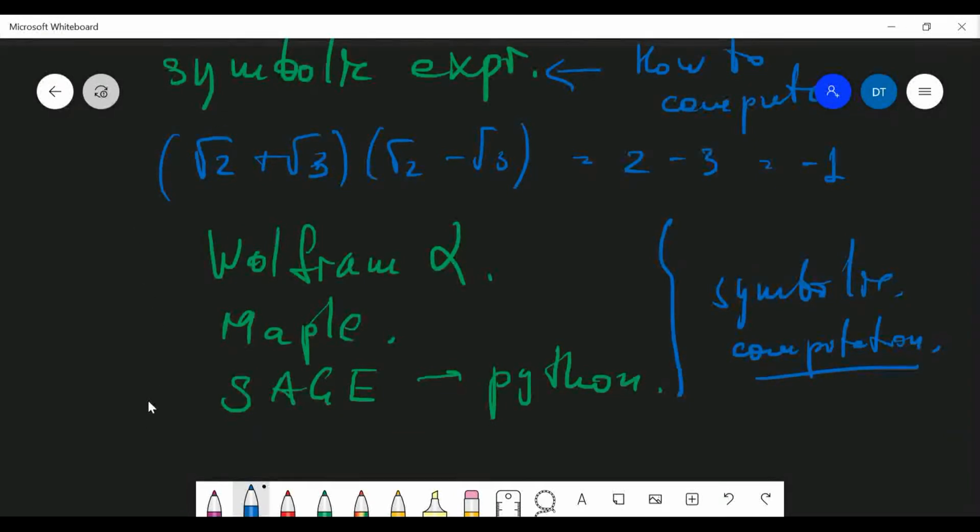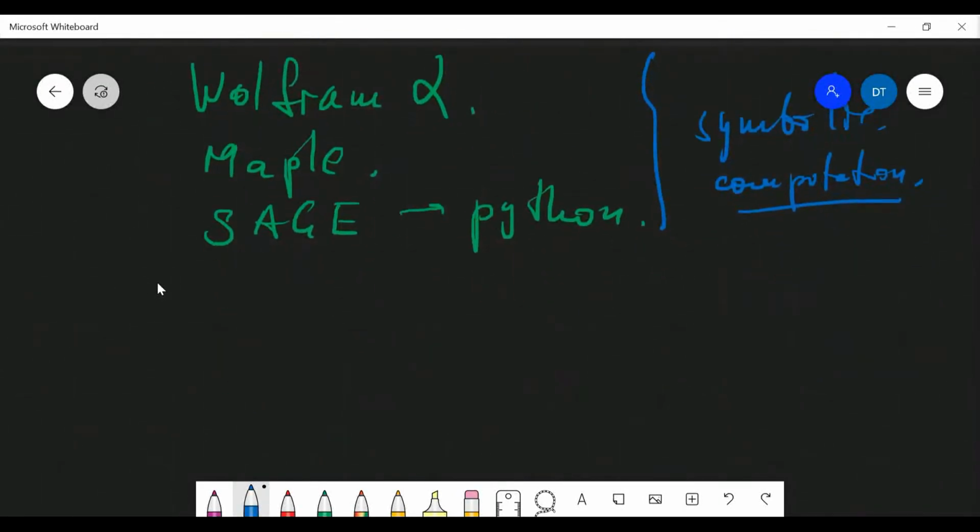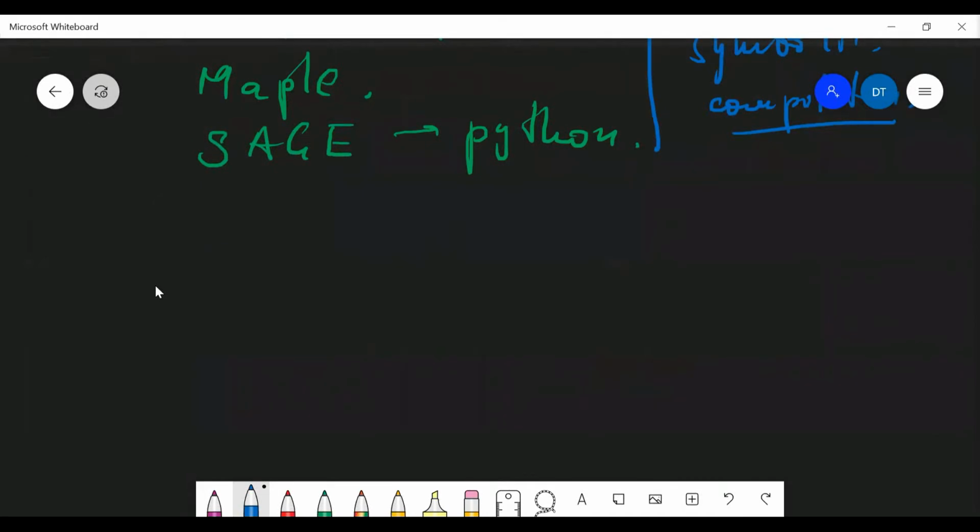So let me explain the general idea of symbolic computation. Usually, you have different symbolic expressions, and you have a way of transforming one expression to another one, replacing one expression by another one.